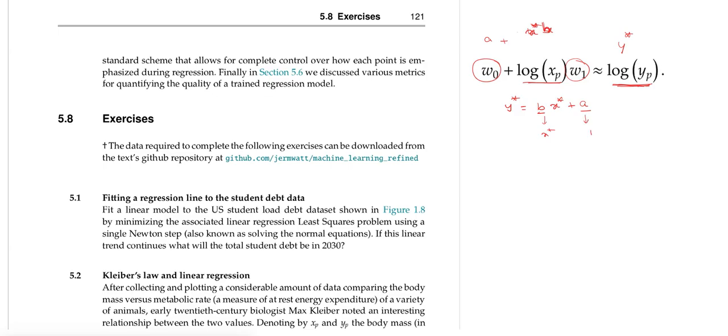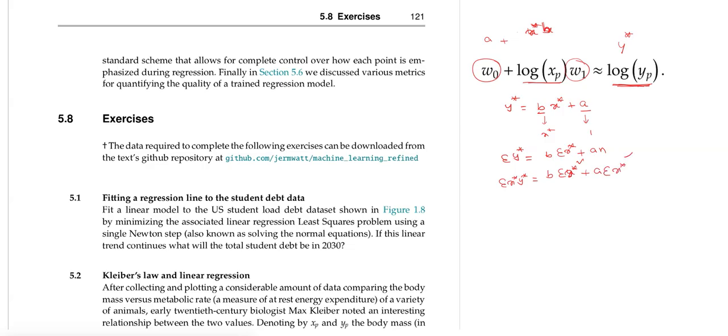Then the normal equations will be sigma y star equals b times sigma x star plus a times n, and sigma x star y star equals b times sigma x star square plus a times sigma x star.